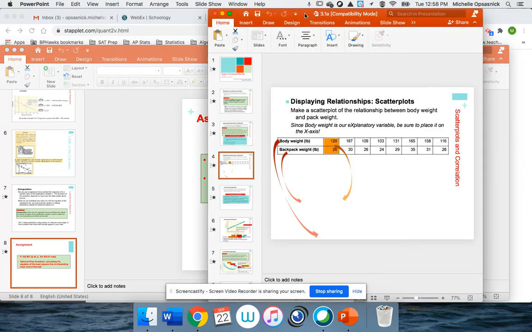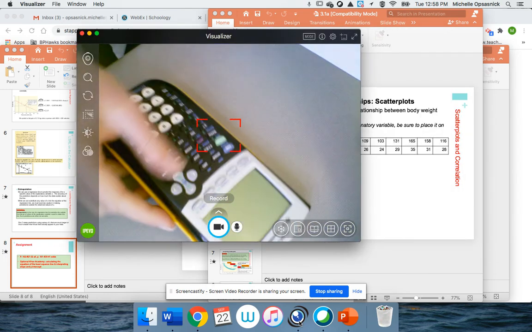Okay, so we are going to look at this same backpack weight and body weight example that we looked at previously on the calculator. So I'm going to pull that up here alongside of my calculator.